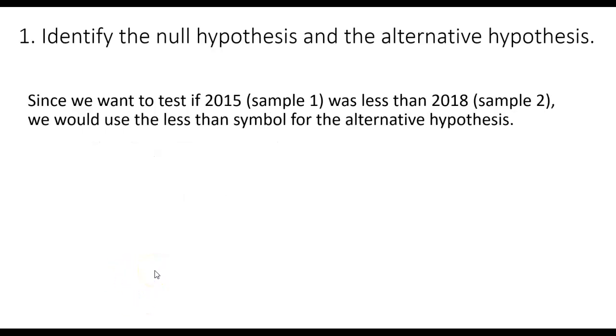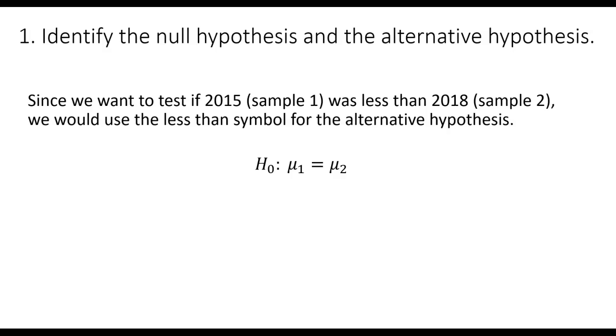First, identifying the null and alternative hypothesis. So we're going to use 2015 as sample 1, 2018 as sample 2. And since we want to test if sample 1 was less than sample 2, we're going to use the less than symbol for the alternative hypothesis. Remember, the null hypothesis is always the equality piece.